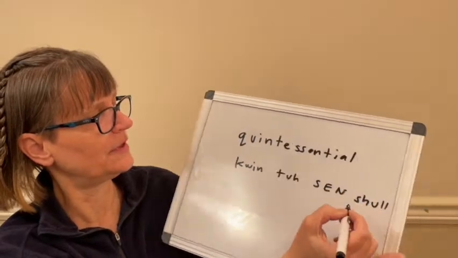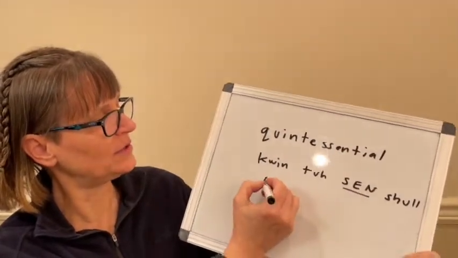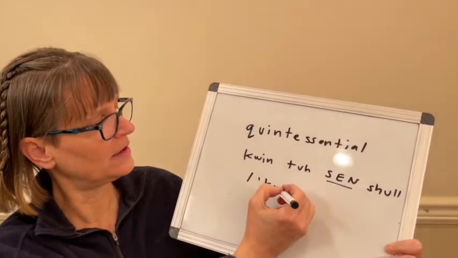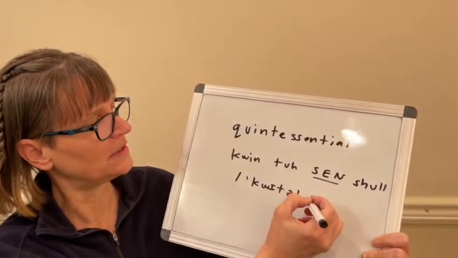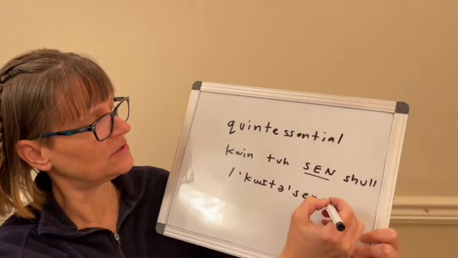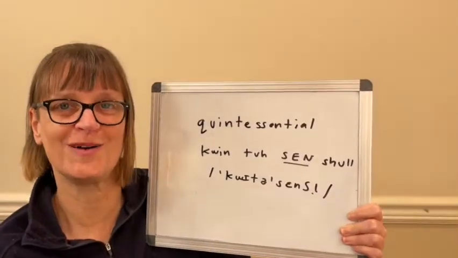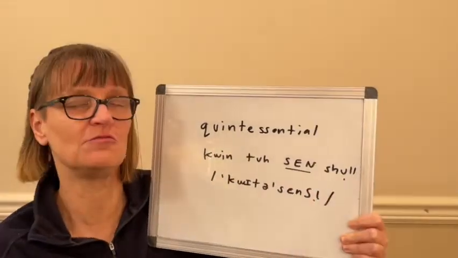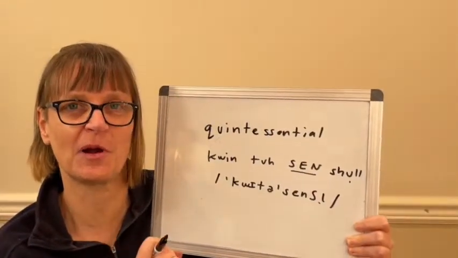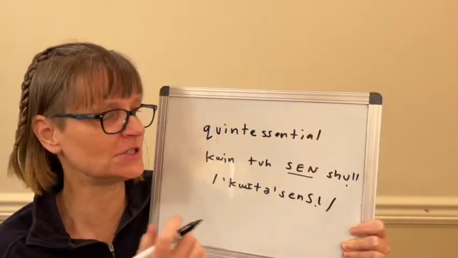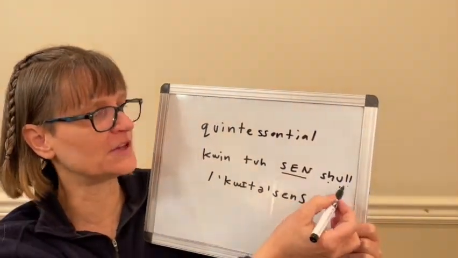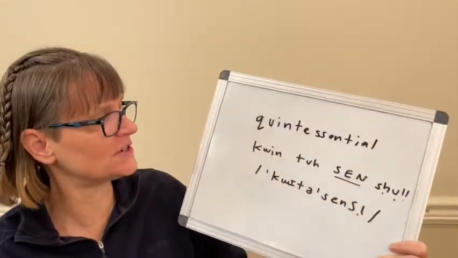With the stress on the "sen" syllable, the IPA being written here. We may or may not see a schwa between the SH and the UL. I did write it here with the letter U for you, but that's probably a syllabic L, "shul". I'm just going to move really quickly from the SH to the L sound, quintessential.